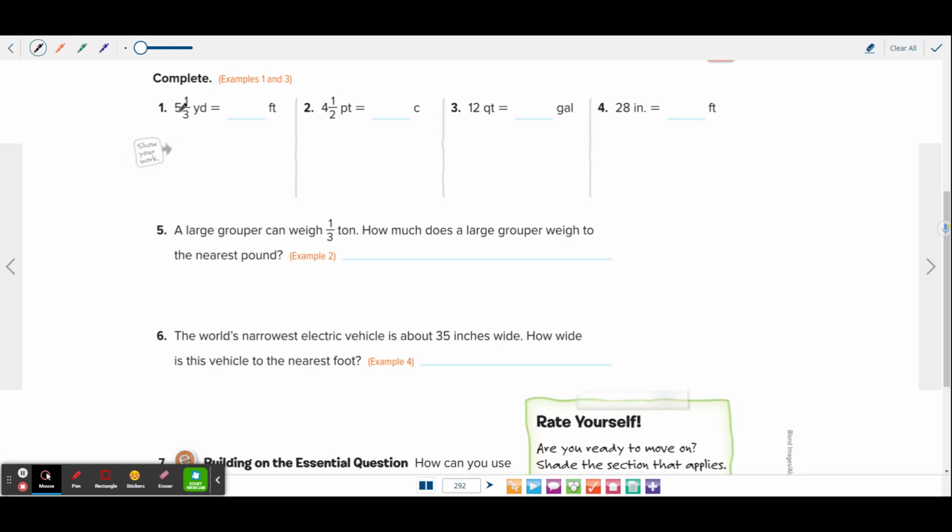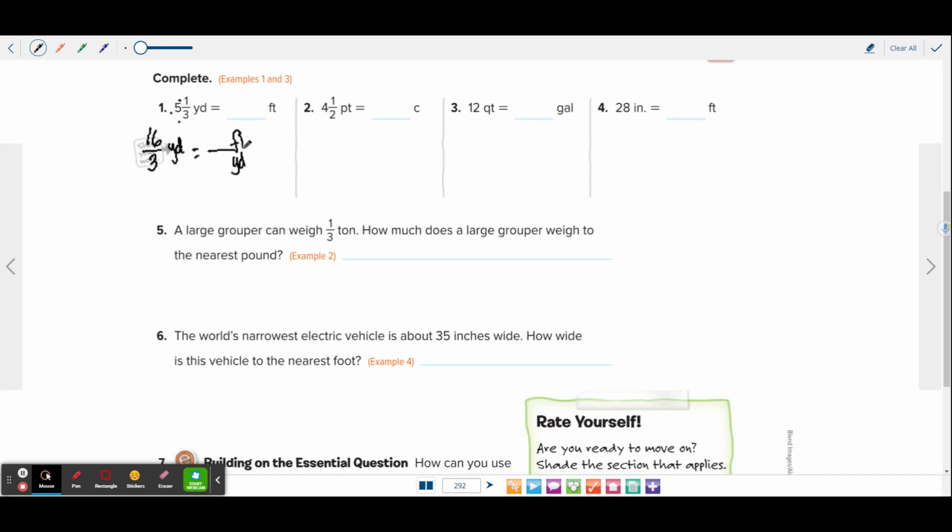So if we are changing 5 1/3 yards to feet, first we have to change this to an improper fraction. So we would have 5 times 3 plus 1, so 16/3 yards. And then we want to make that equal to our conversion. So we need to find out from the table how many feet are in 1 yard, because we want yard on bottom so we can cancel that out, right?